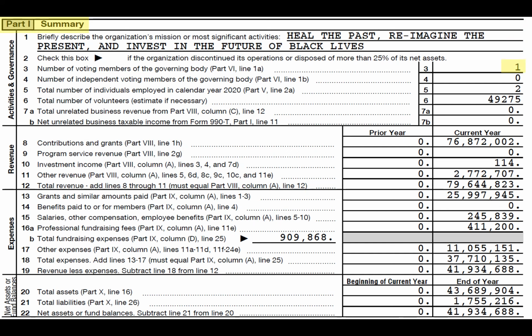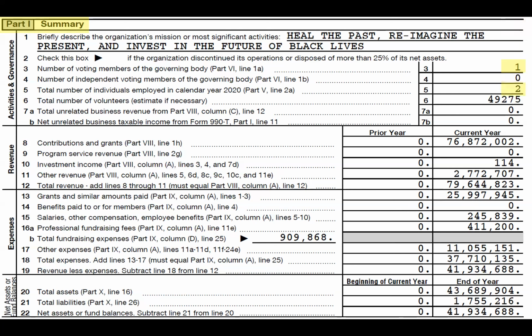So in 2020, Patrice Cullors was the only person serving on the board of directors of a $90 million nonprofit organization. How is that possible? How is that sensible? So that's a red flag for me.